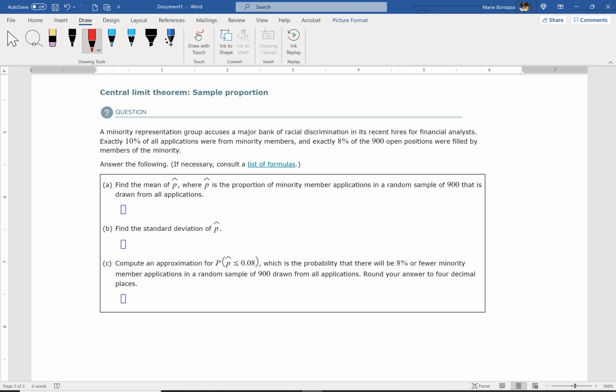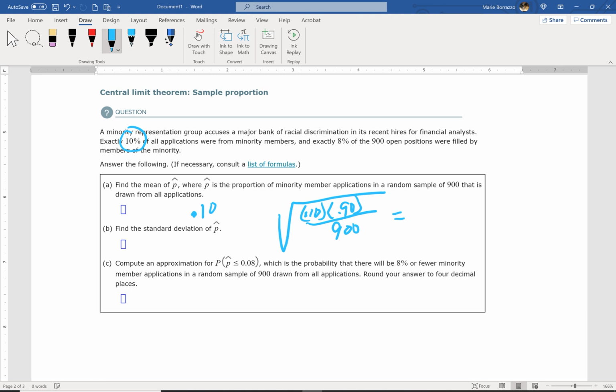Exactly 10% of the analysts were from minority members. We've already answered our p-hat. So in this case, 0.10. Our standard deviation is going to be the square root of 0.10 times 0.90, and we're dividing that by 900 openings.